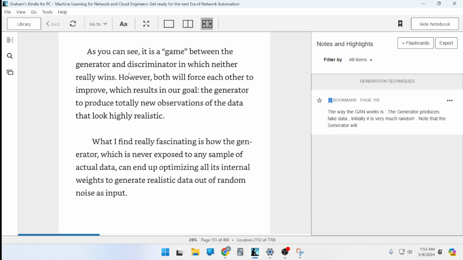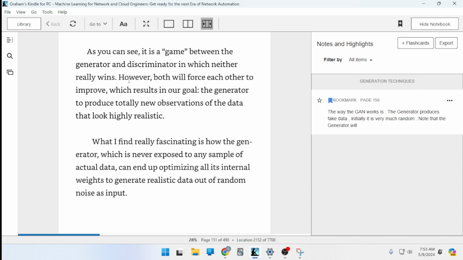As you can see, it is a game between the generator and discriminator in which neither really wins. However, both will force each other to improve, which results in our goal: the generator producing totally new observations of the data that look highly realistic.